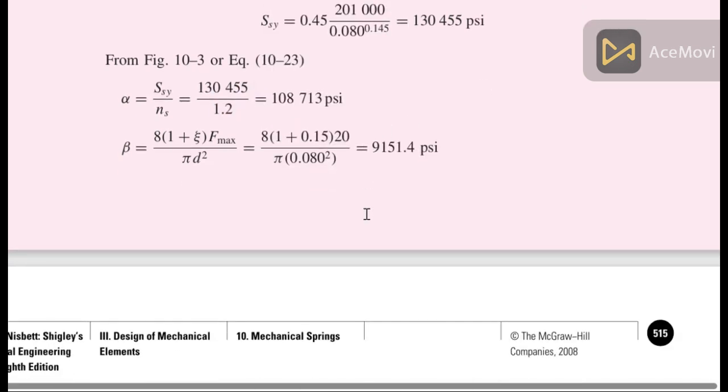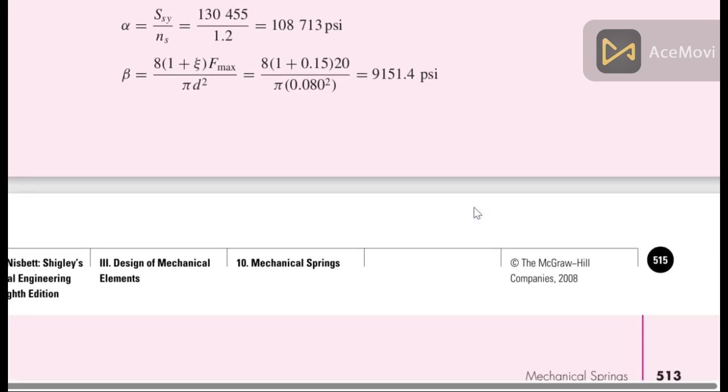So now we will find the beta. Beta is given by 8 into 1 plus zeta into F max divided by pi d square. We will put in the subsequent values that are given or to be found. The value is 9151.4 psi.